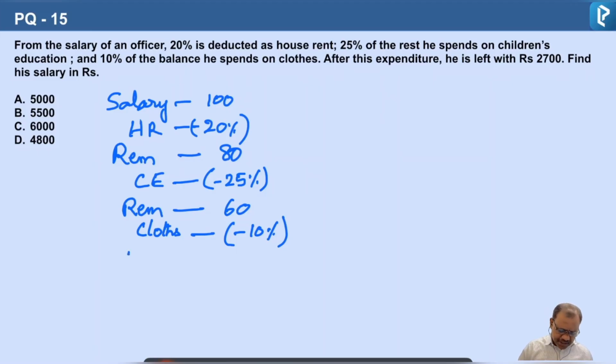So what is remaining after spending on clothes? 60 minus 6 is 54. So after all these expenditures, he is left with rupees 2700. But according to our assumption, left is 54. This 54 is equivalent to 2700 rupees.